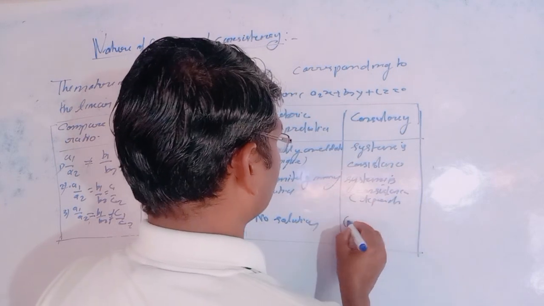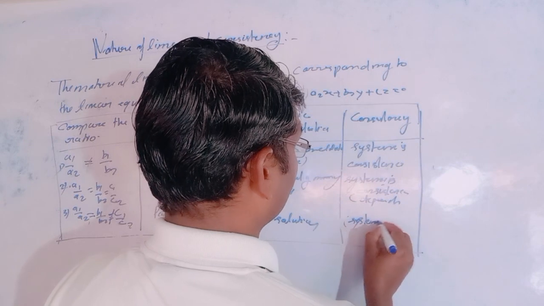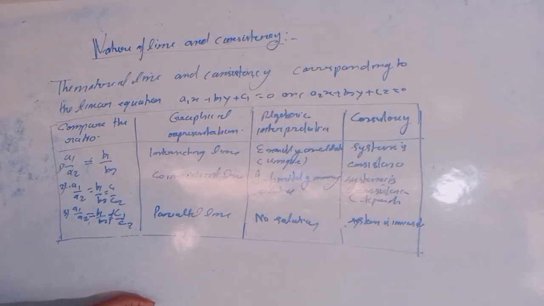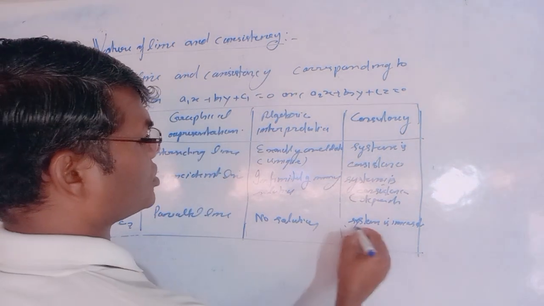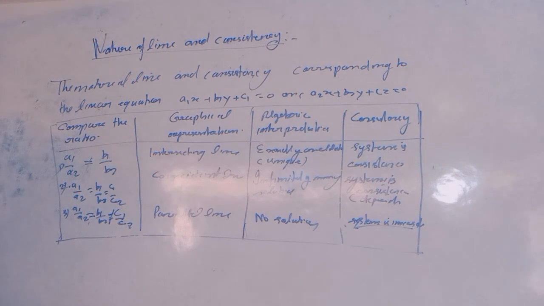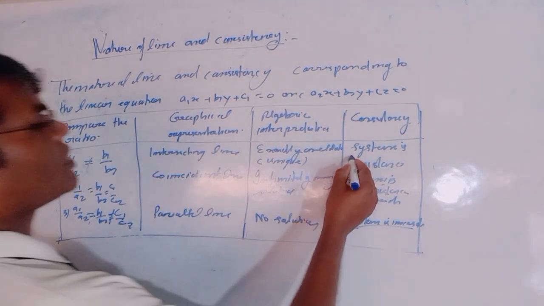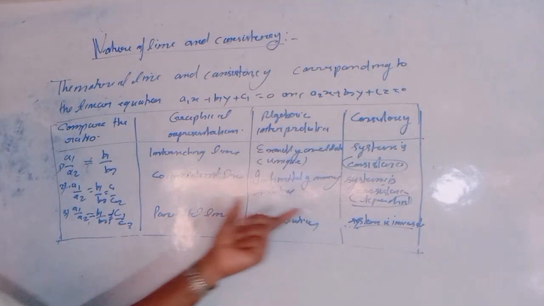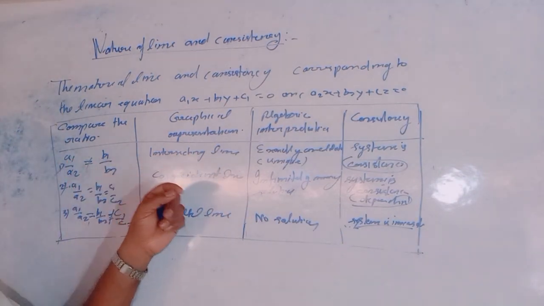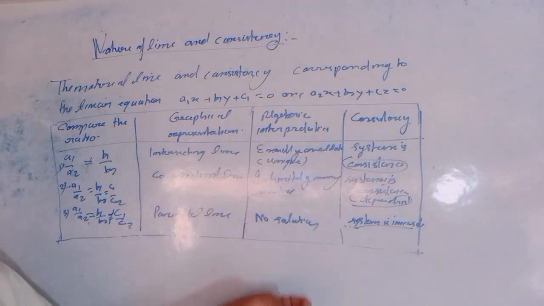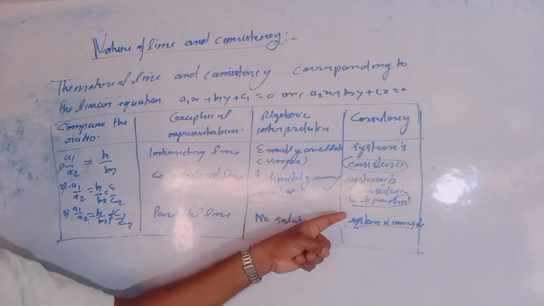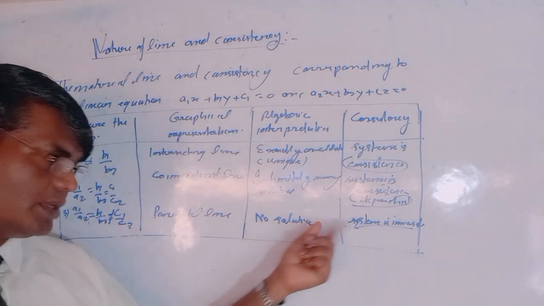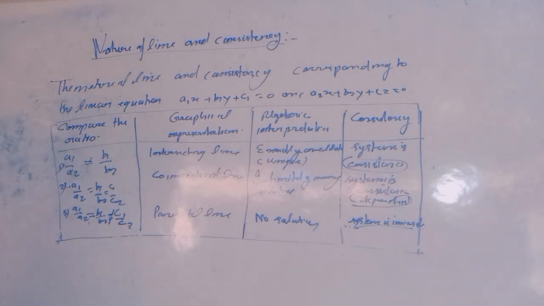This one is coincident with infinitely many solutions, and this one, with unique solutions, is independent. And here, a1 by a2 equals b1 by b2 but not equal to c1 by c2, always gives no solutions, parallel lines, and the system is inconsistent.